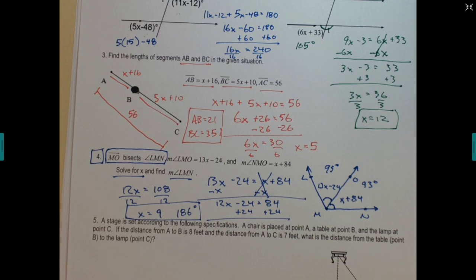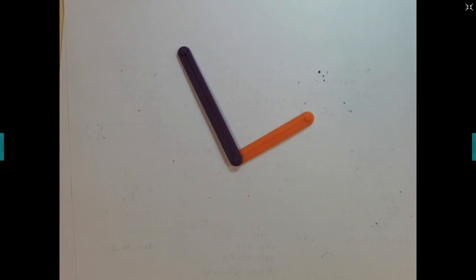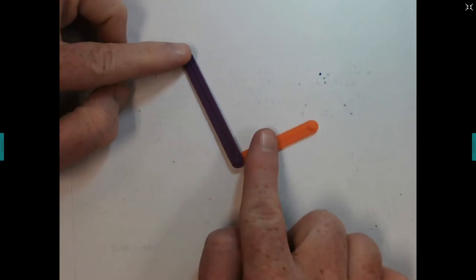Okay, I think we can't bisect an angle that's larger than 180 degrees because 180 is a straight line, right? So if it's that much of an obtuse angle, I can't visualize a way for it to go from the center and bisect in the middle. Nick, do you see this angle? Yes. All right, and I love that you said 180 degrees.